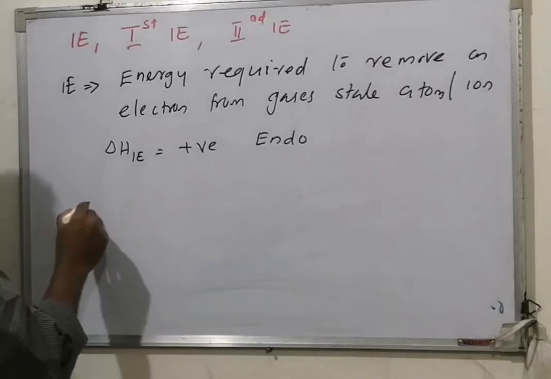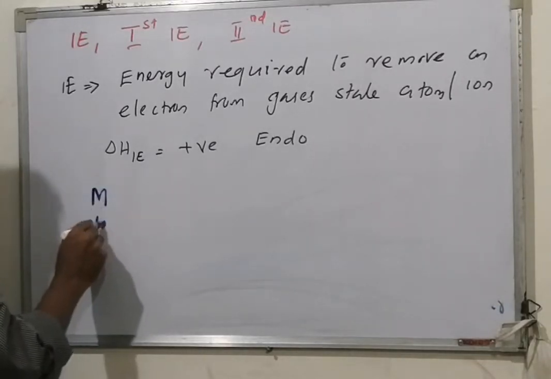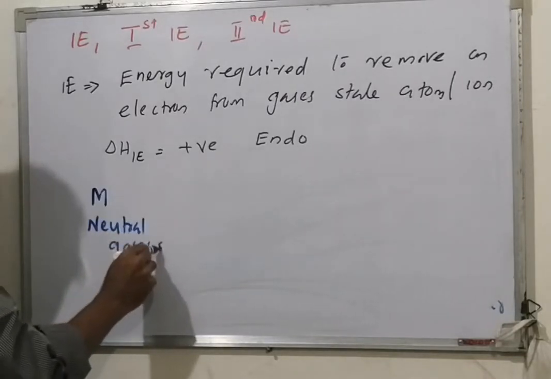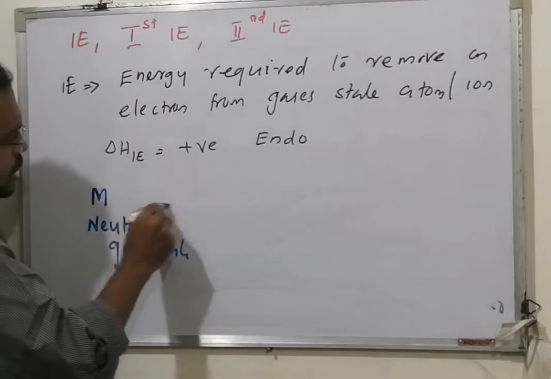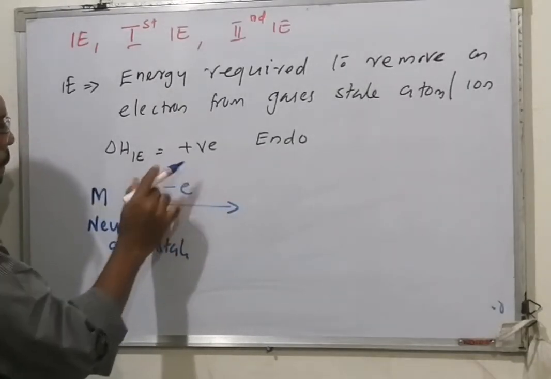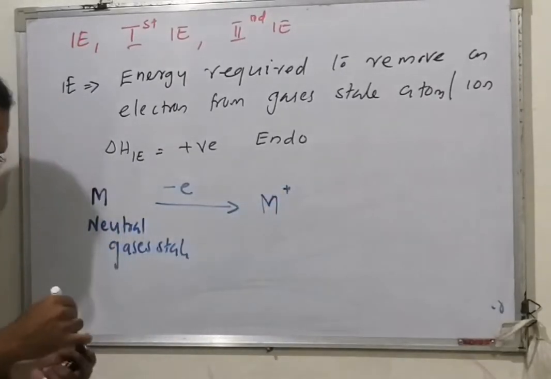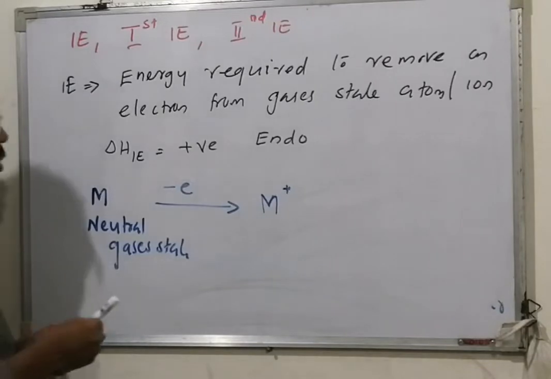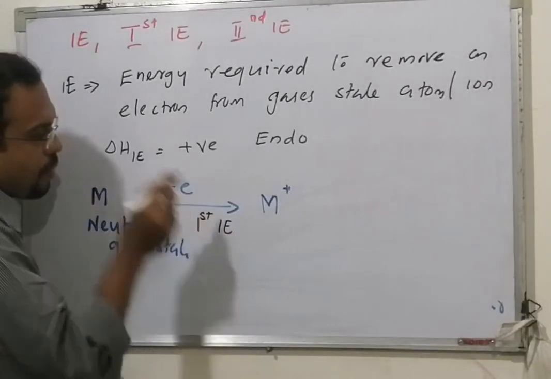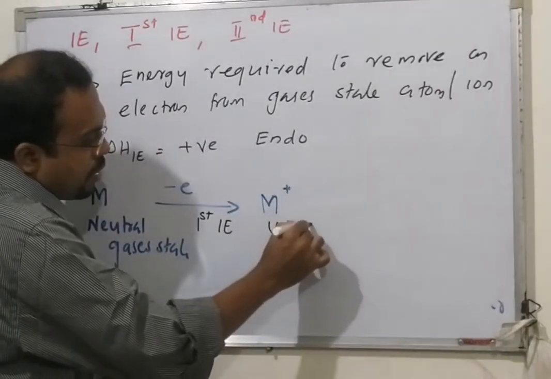Imagine an atom, any atom M. This is neutral, but in gaseous state. You just kick out an electron, remove an electron, you will get M plus. This process is called first ionization energy. What you are getting? Uni-positive ion.